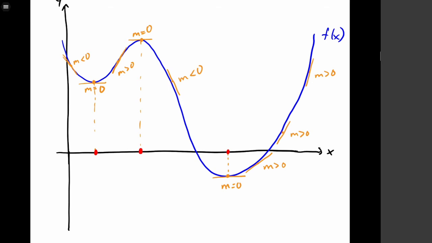Think about what a bigger slope versus a smaller slope means. What's the difference between slope 2 and slope 10, for example? Well, the bigger the slope, the steeper the graph is. So we want to pay attention here, based on how steep this is, to how high or low the derivative should get.